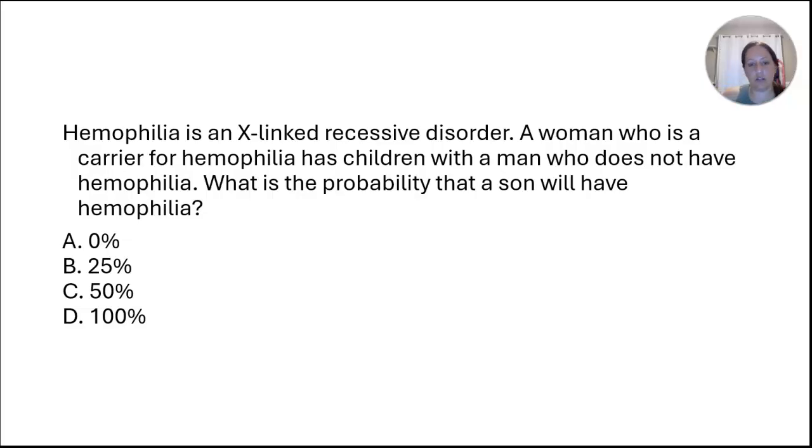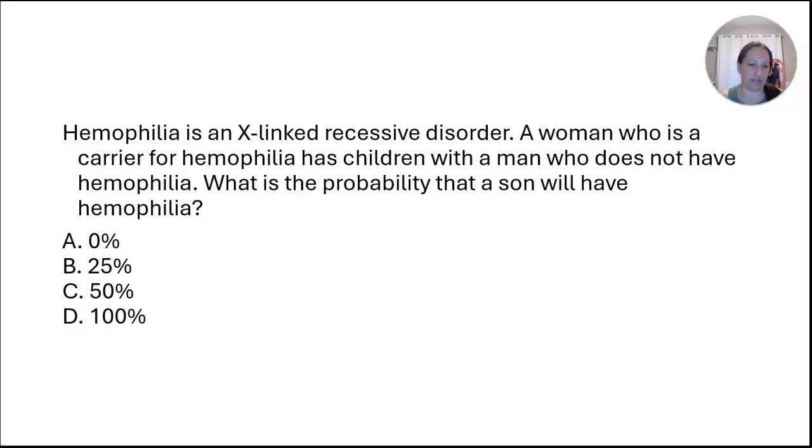Yeah, so here you would just look at the sons, and so half of the sons are expected to have hemophilia. Okay, so the way this is worded, you got to make sure you answer it right. So what is the probability that a son will have hemophilia? So you just have to look at the male children, and out of them, how many will have hemophilia? And they would be half.